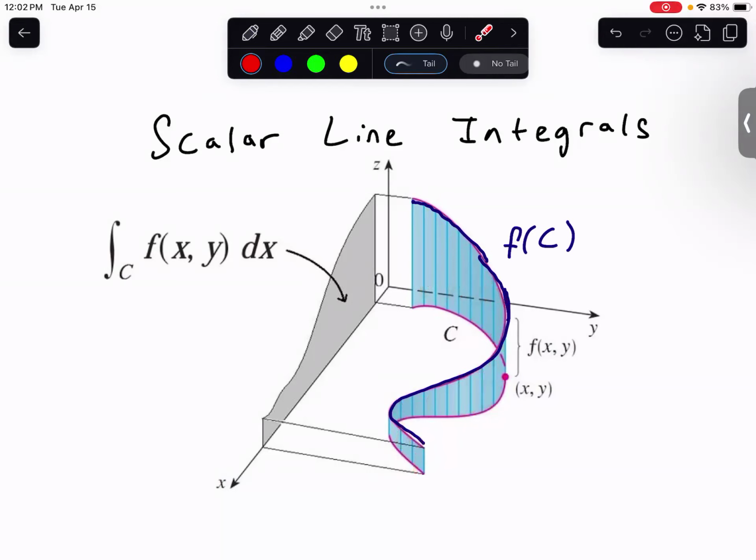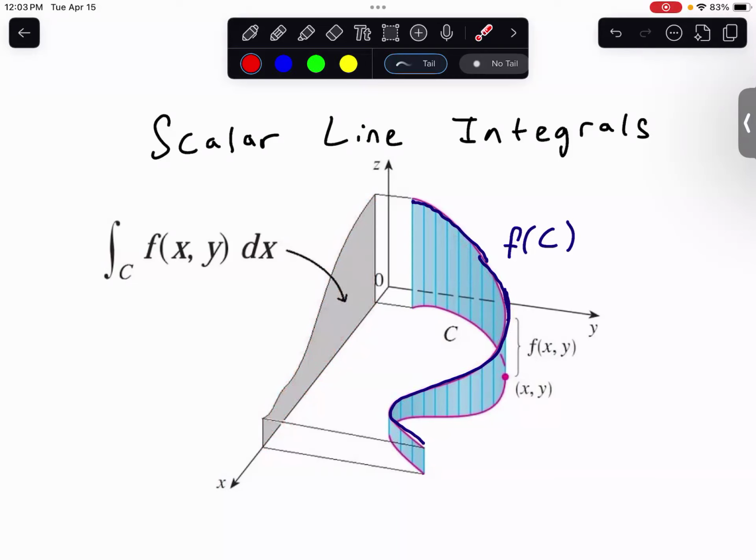If you were to project it onto the xz plane, this is the curve projected to the xz plane. This is f of C projected to the xz plane, so you look something like this. And then the actual integral is finding the area underneath this curve.